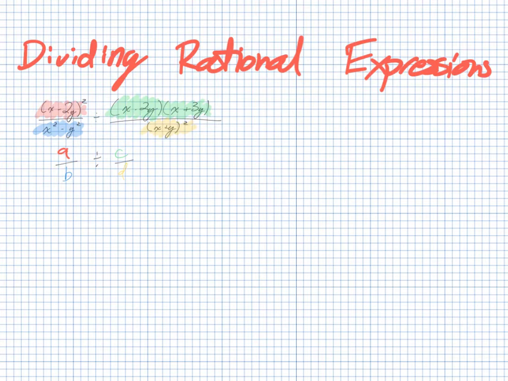So we need to set up our restrictions. A restriction is that we can't have the divisor, so your denominator can't be equal to 0 in any of these cases. Let's say we're talking about D to start off.